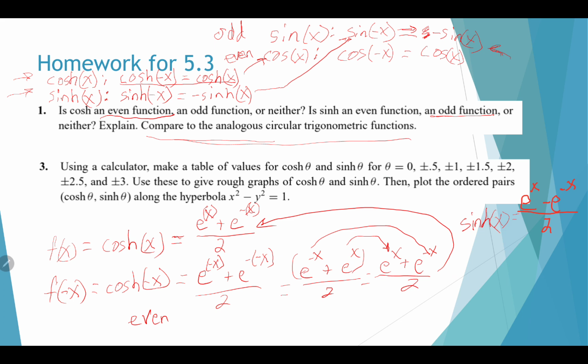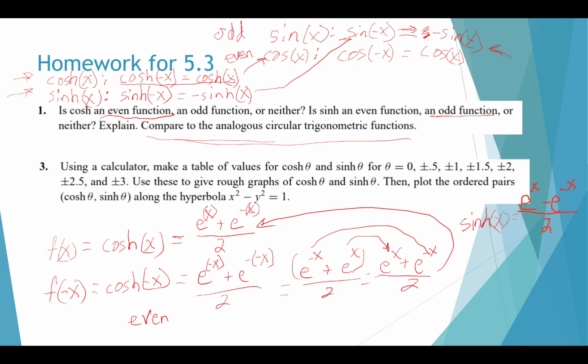So you're going to have 7 total cosines and 7 coshes and 7 total shines. And you're going to give a rough graph of these. You're going to plot them as ordered pairs. So you should have a total of 7 ordered pairs on your hyperbola.